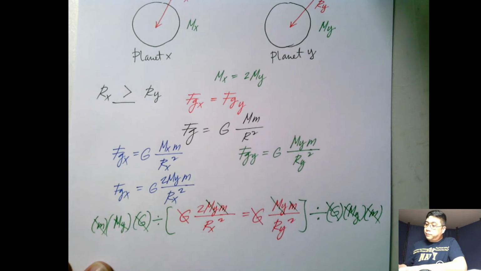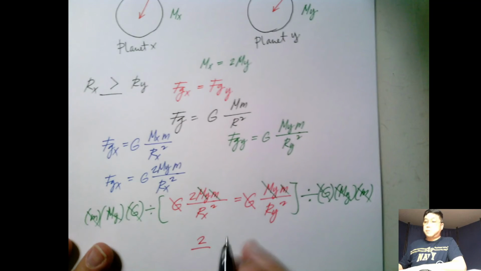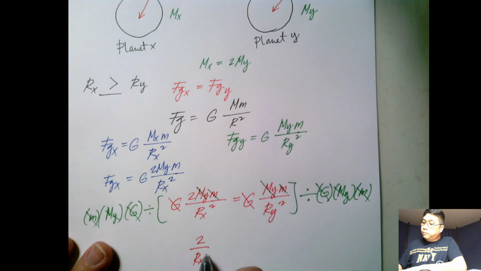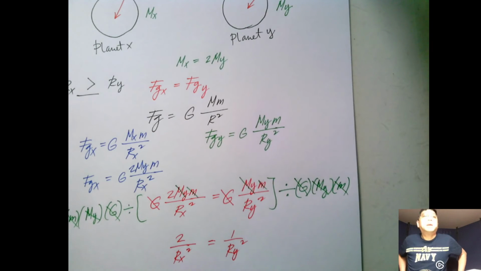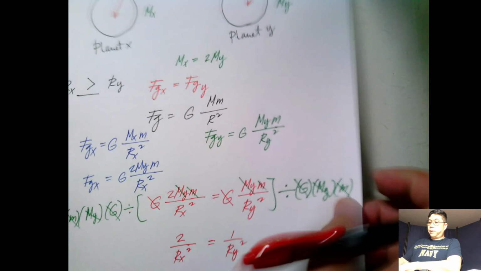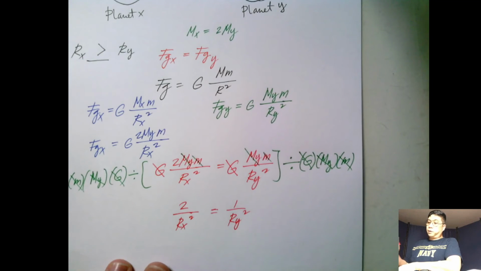So what is left is 2 over r x squared equivalent to 1 over r sub y squared. So that will be our equation now.